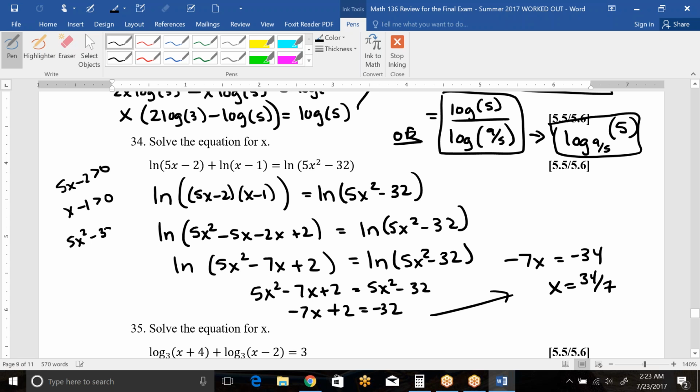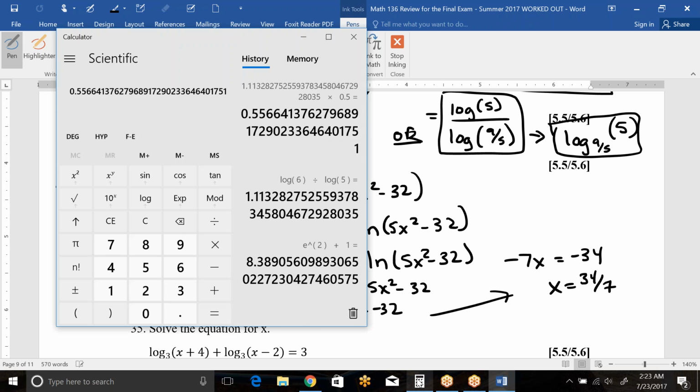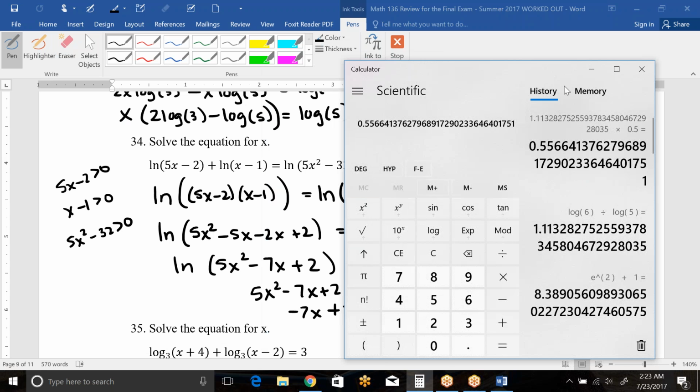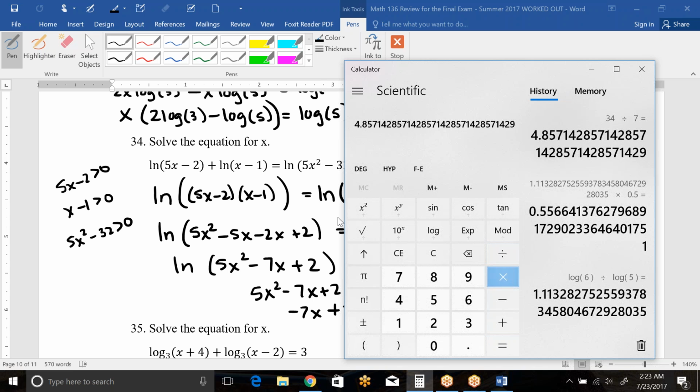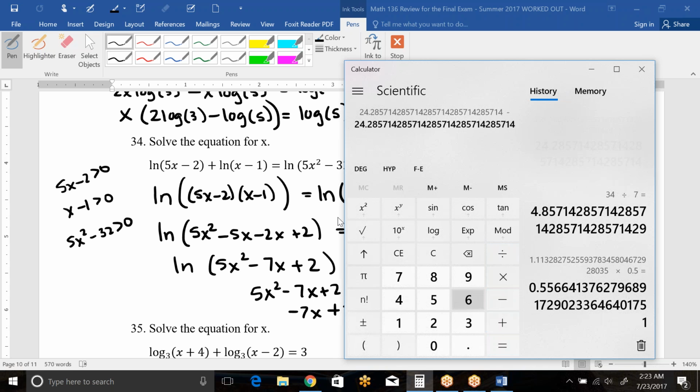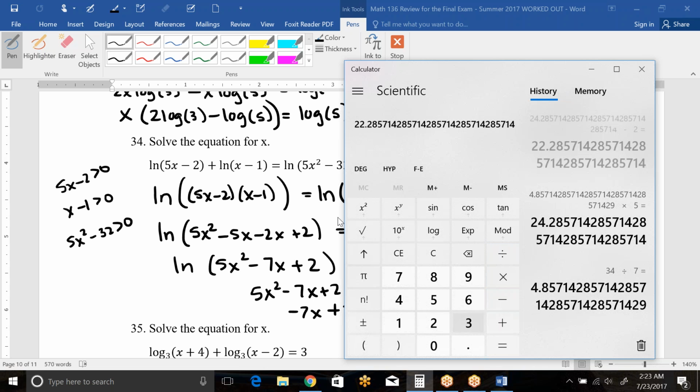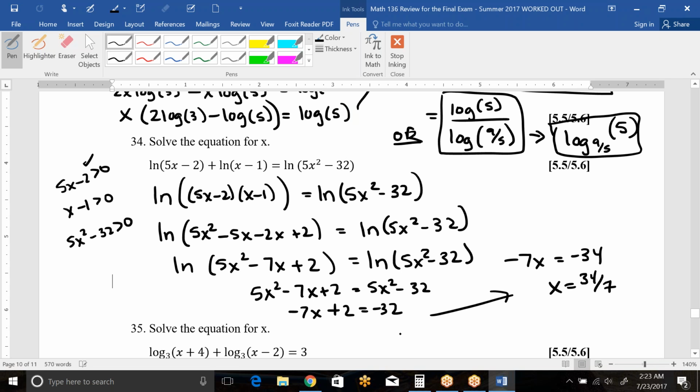So what we just have to check really quick is that, when 34 over 7 is plugged in, it will make each of these arguments greater than 0. I just check them with my calculator if it's a fraction, just makes my life easier. So 34 divided by 7, and then times 5, and then minus 2. It's bigger than 0, so that one's a check. 34 over 7 is bigger than 1.